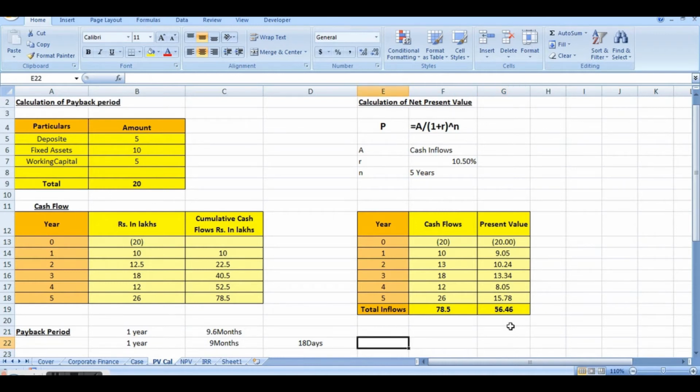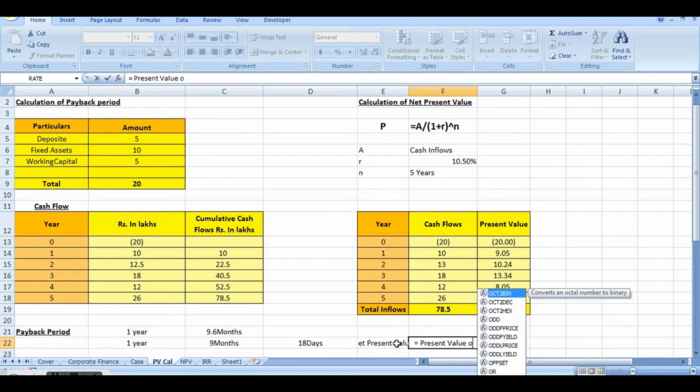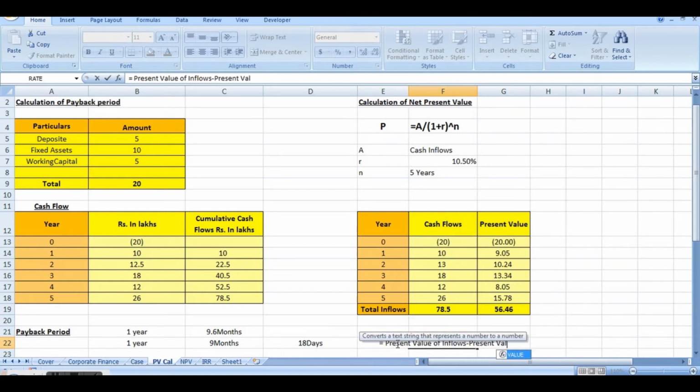How will you calculate NPV? Net present value. Now this is present value of inflows. So if we want to calculate net present value, it is equal to present value of inflows minus present value of outflows.